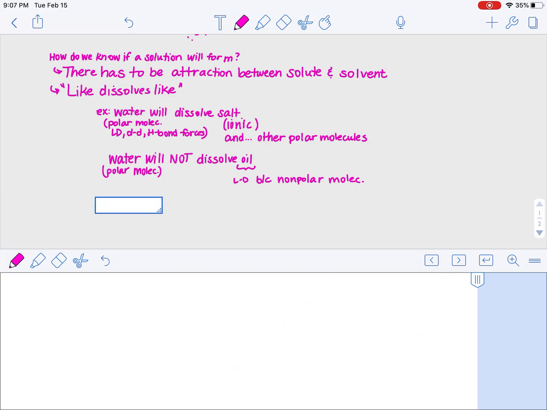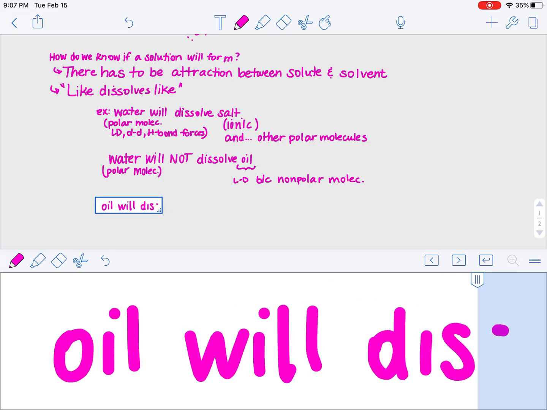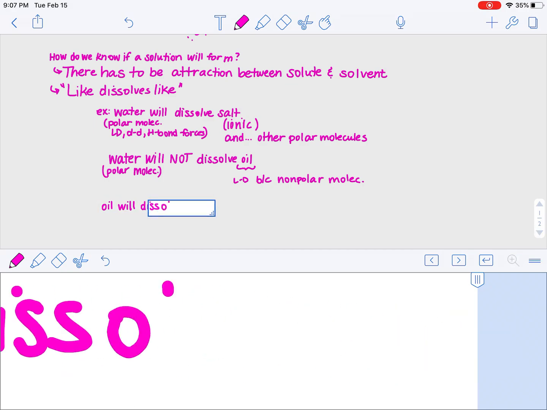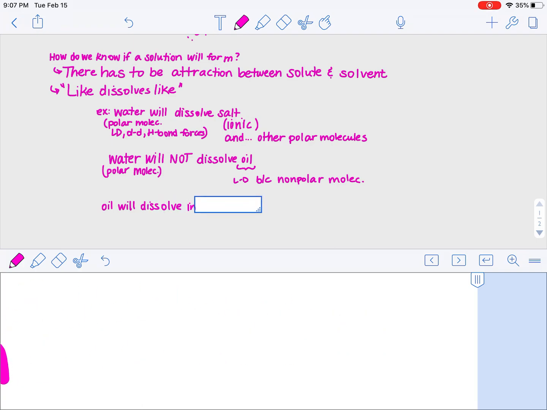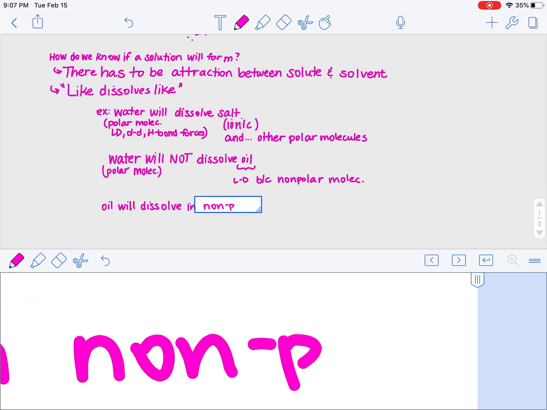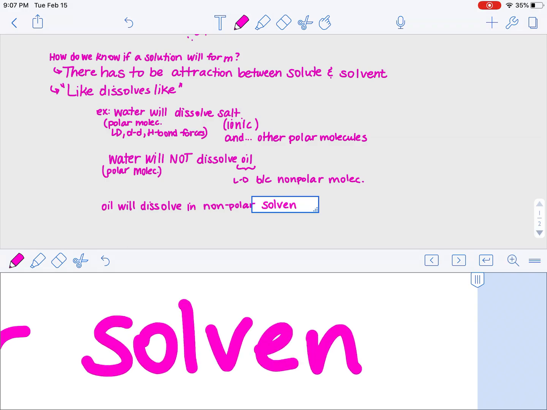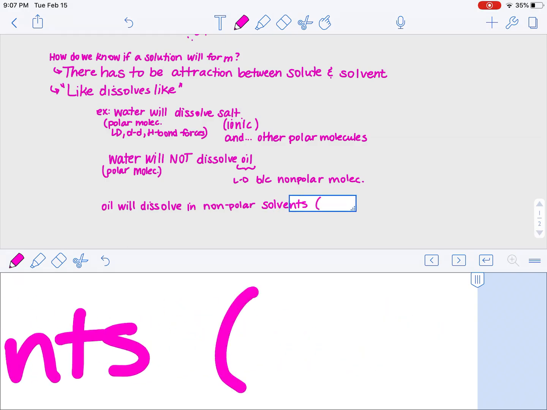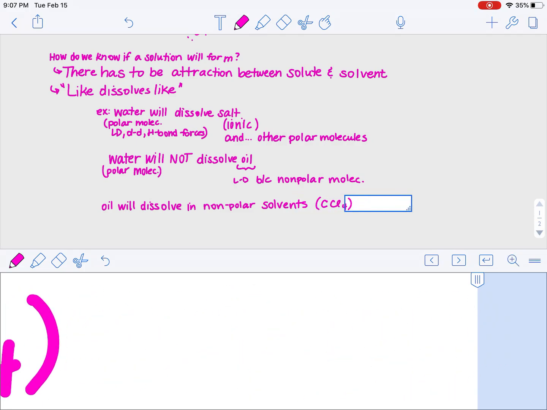What will oil dissolve in? Well, it will dissolve in other nonpolar solvents. A classic example in your everyday life is carbon tetrachloride.